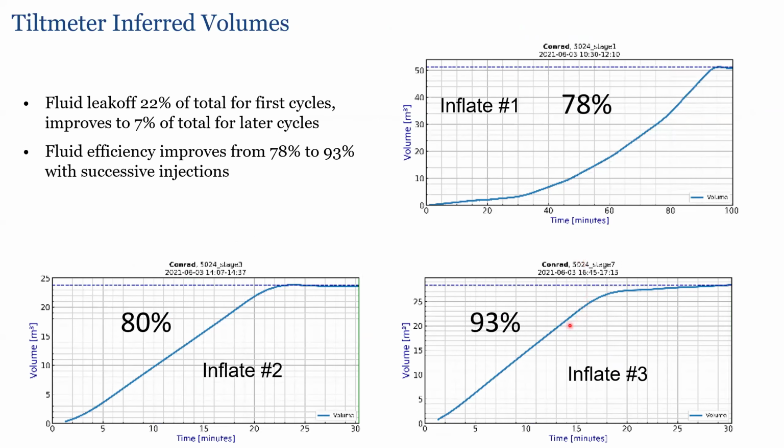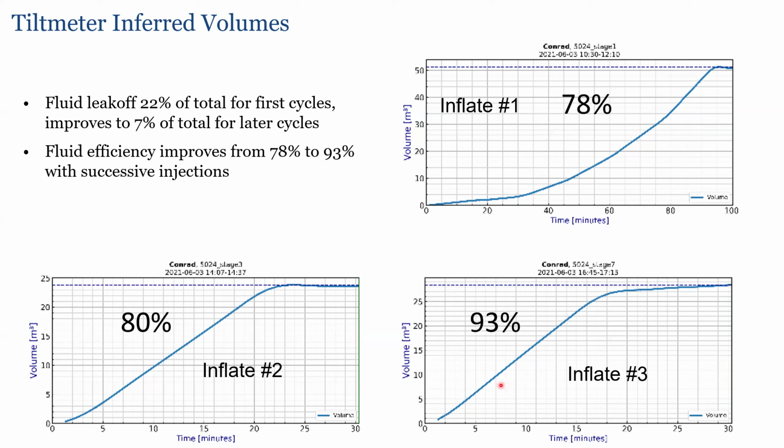We also can ascertain the volume of fluid that was lost to the formation for each of these 3 inflations. So the first inflation of the day lost about 28% of the fluid. That means the volume of the lens was about 78% of the volume of fluid injected. But the fluid loss decreases with subsequent inflations as the day went on.